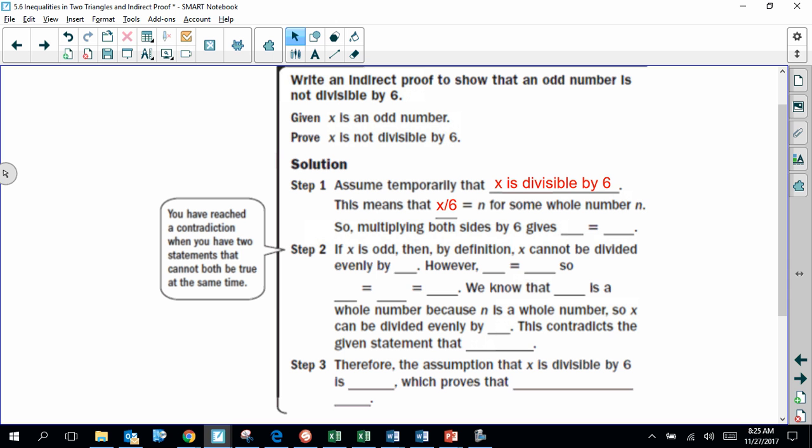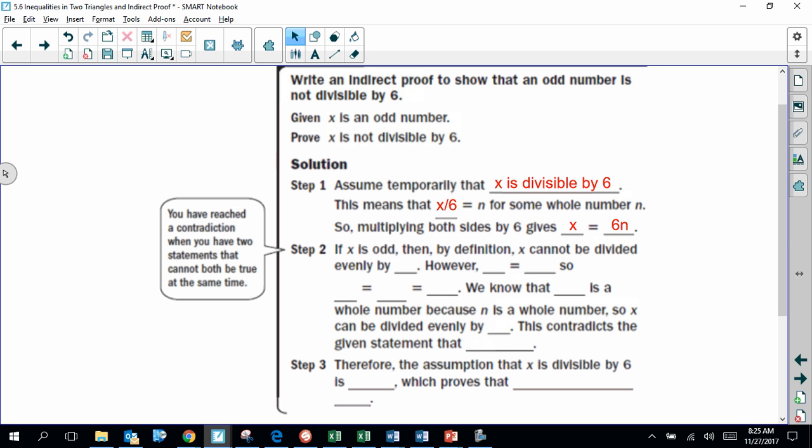So that means if I say x divided by 6, I will get some number that I'm going to call n. Okay? So multiplying both sides by 6 will give me x is equal to 6 times n. We're just doing some very basic algebra where we have x over 6 is equal to n, so we multiply both sides by 6 and we get x is equal to 6n.